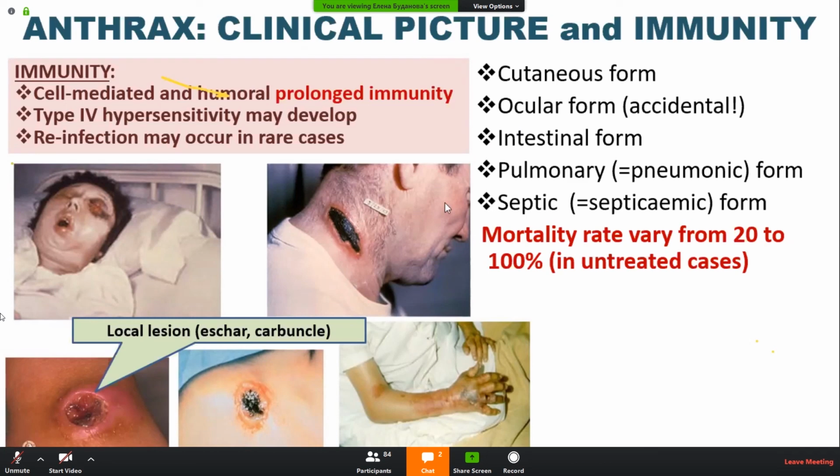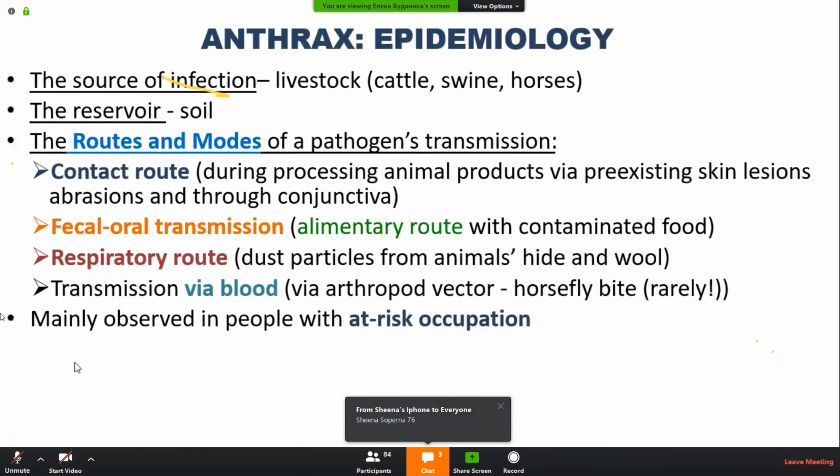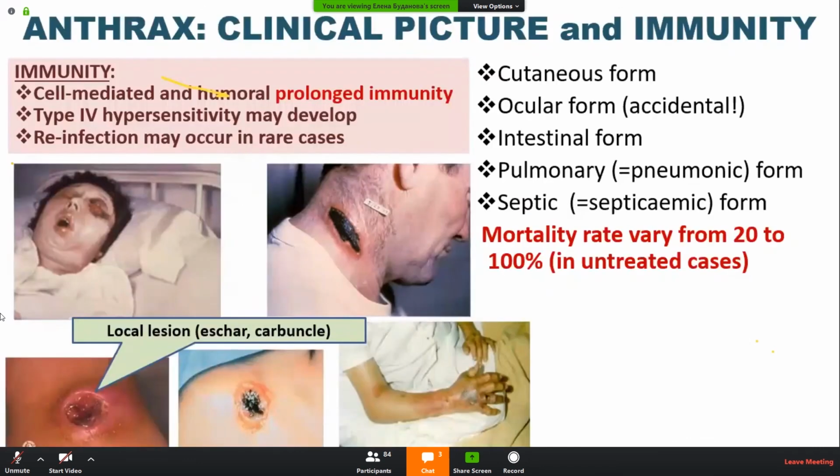By the way, it was mentioned in the previous slide that infection is mainly observed in people at risk of occupation, basically people involved in the processing of animal products like leather. And you can see on the hands this inflammatory area.